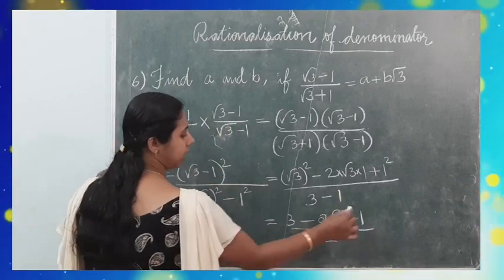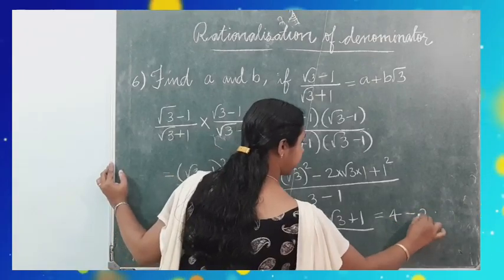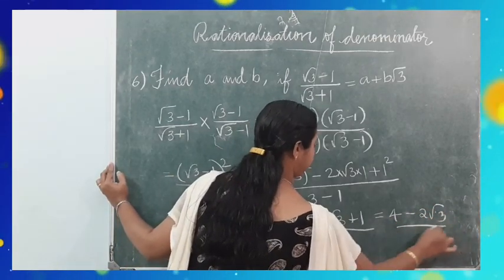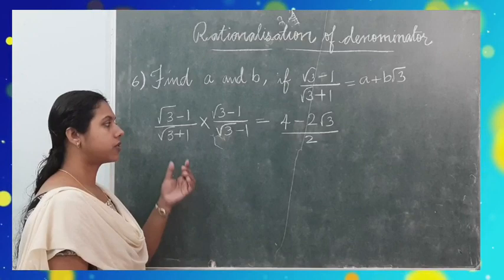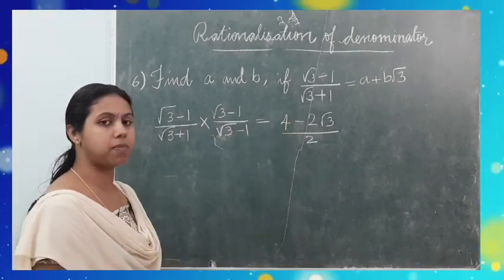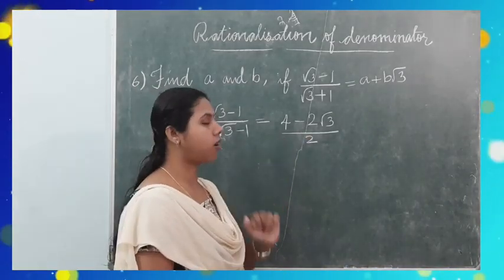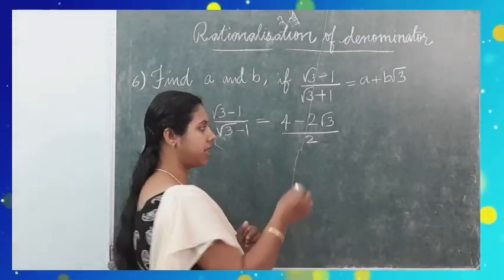Now add the rational numbers. 3 plus 1, 4 minus 2 root 3 by 2. So we got, when you rationalize this, we got 4 minus 2 root 3 by 2. Again you can simplify, because 2 is the common factor in the numerator and denominator.